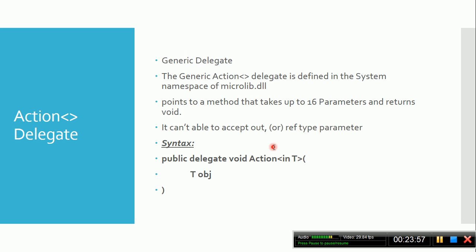But in the action delegate we can't return anything, so this is prevented by the void keyword here, and it will accept only parameters of type in, not out or ref. So this is the syntax of the action delegate. Action is a generic delegate which accepts any kind of in parameters, but it can't return anything.